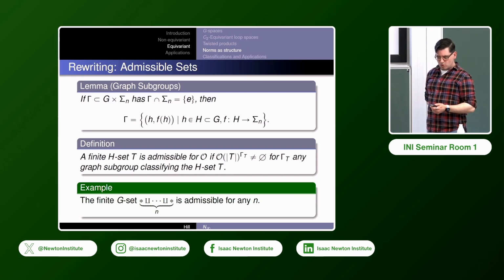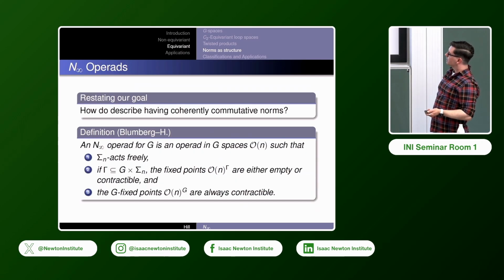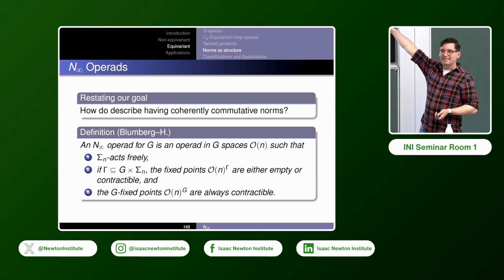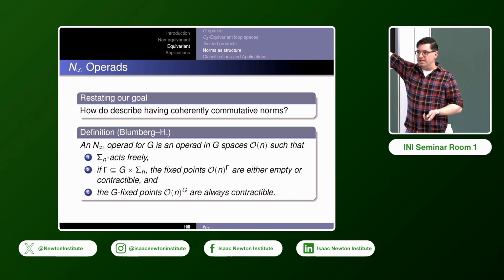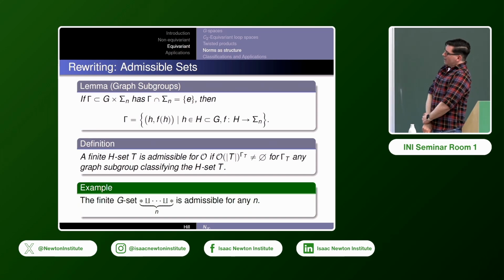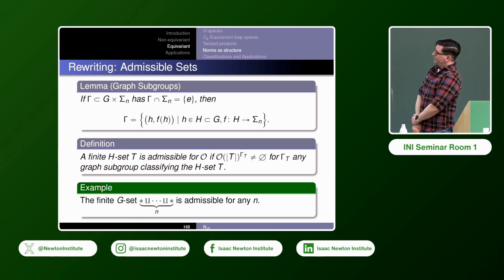So the kinds of groups that I want to consider here in point 2: point 1 says any subgroup that has non-empty fixed points had to intersect sigma n trivially because of the freeness. And then I'm asking what kinds of subgroups show up, and they correspond to H-sets of various cardinalities.